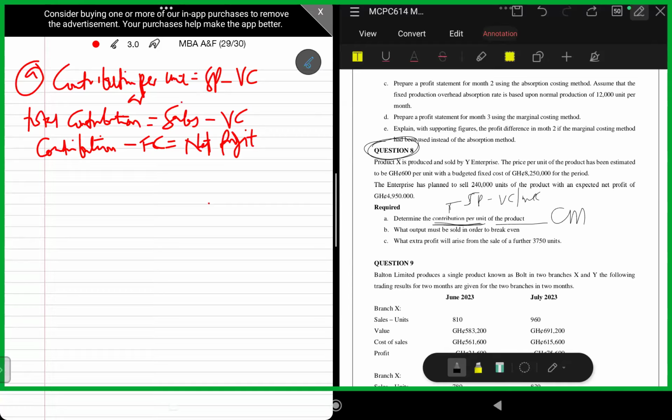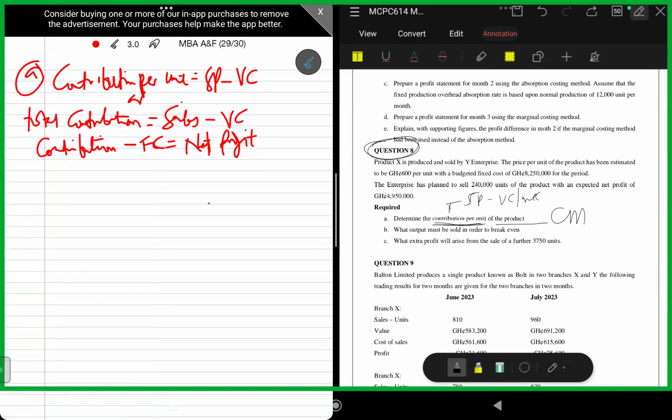Now you can read the case study. Product X is produced and sold by Y Enterprise. The price per unit of the product has been estimated to be 600 cedi per unit with a budgeted fixed cost of 8,250 Ghana cedis for the period.